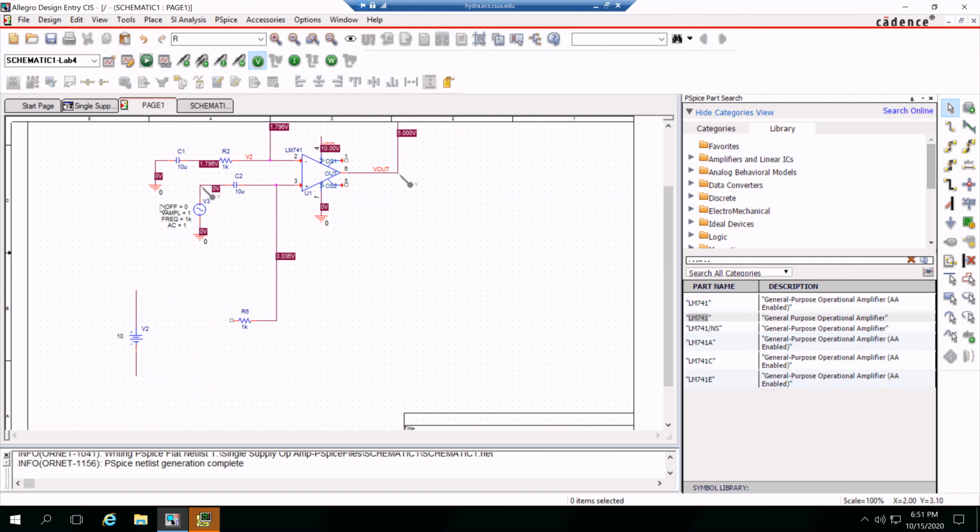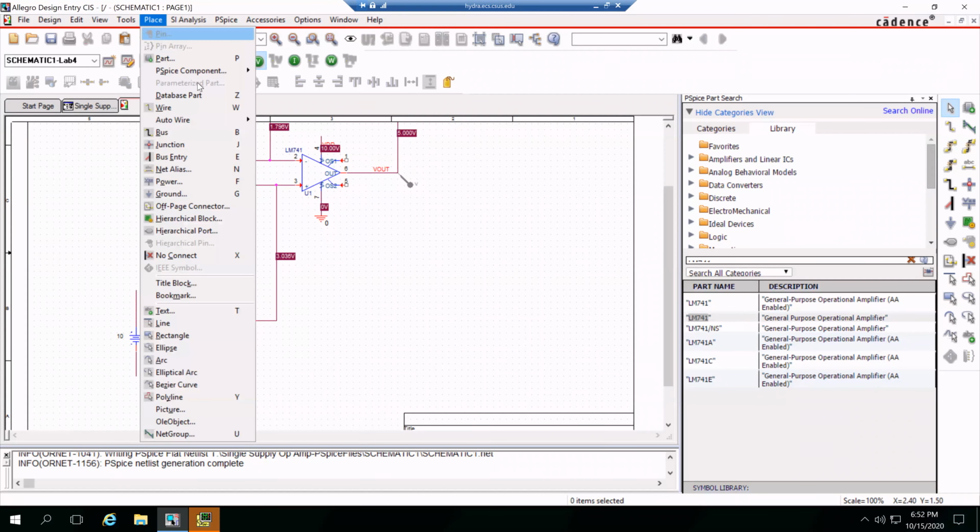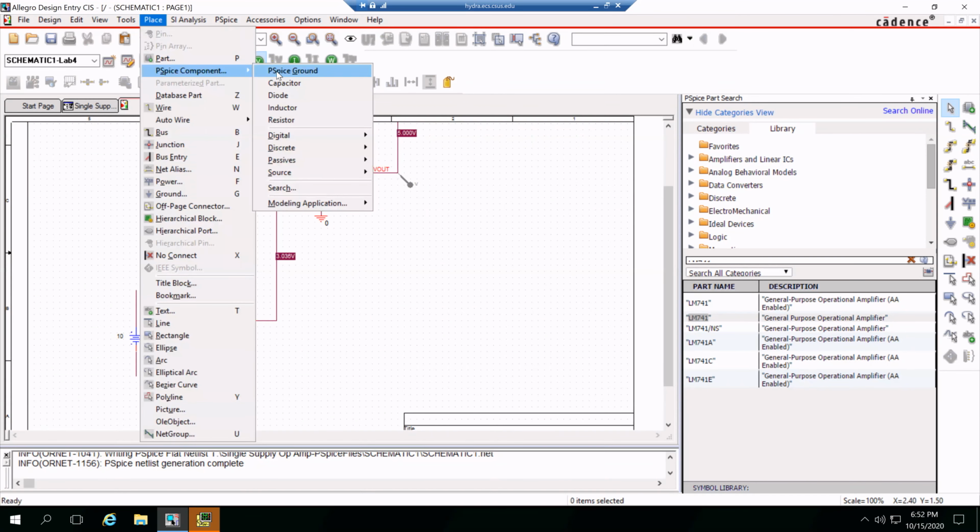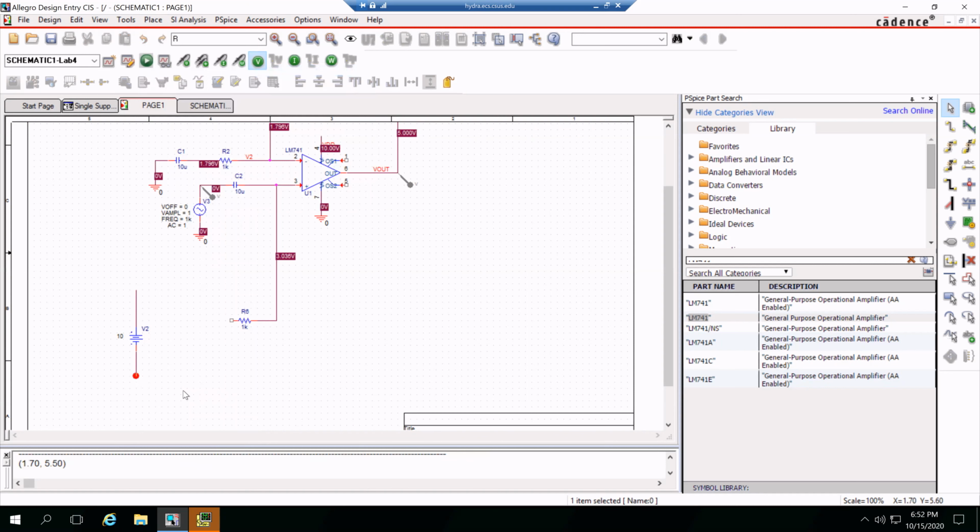Let's see here. We're just going to have our VDD for, let's see here, place. Come on, computer. All right, here we go. Place PSpice component, PSpice ground. All right.